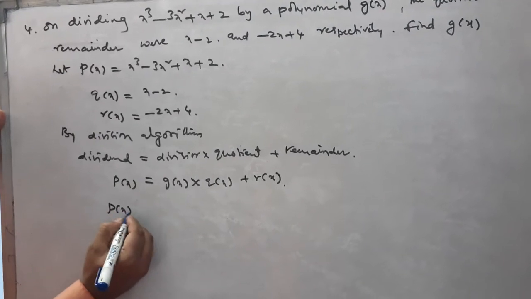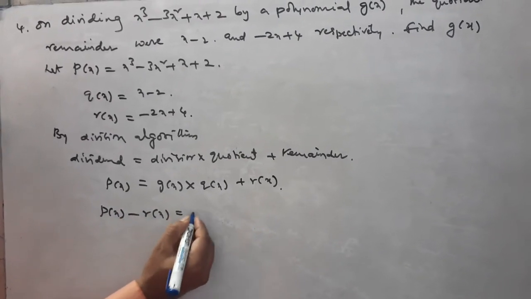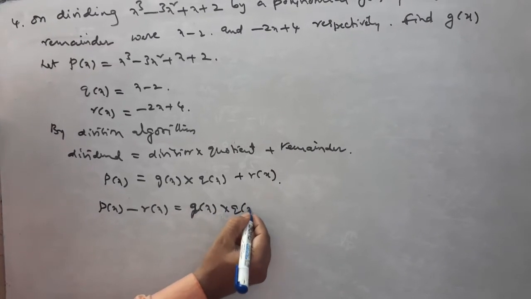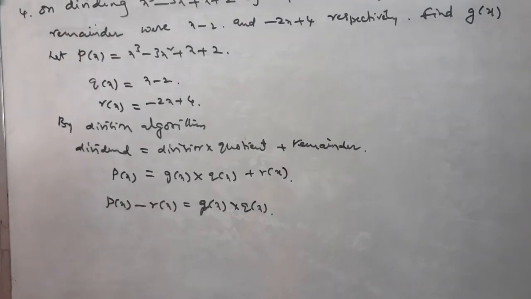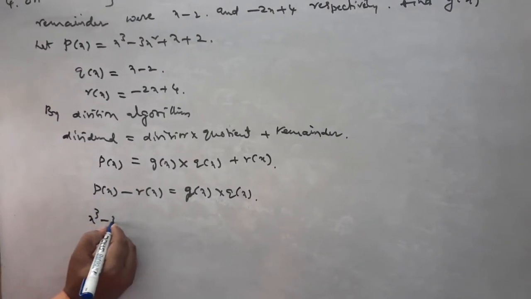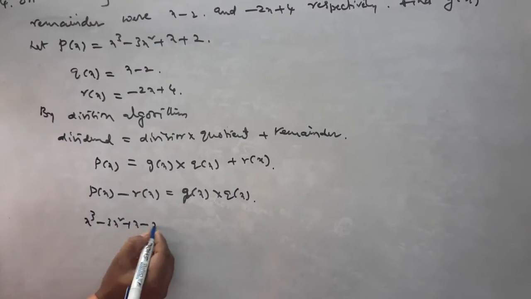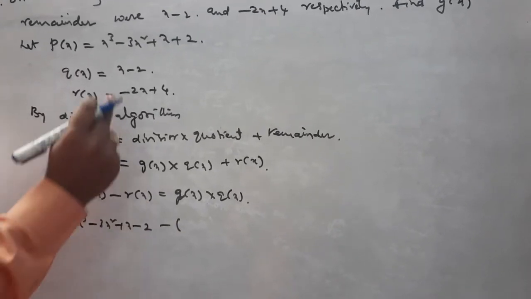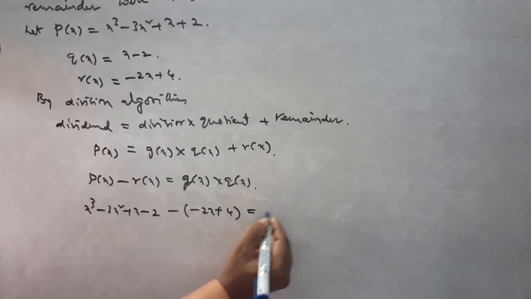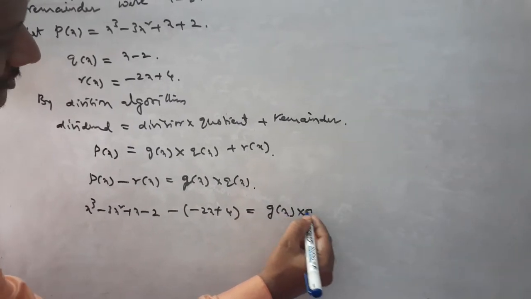So p of x minus r of x is equal to g of x into q of x. So p of x means x cube minus 3x square plus x plus 2, minus r of x, that is minus 2x plus 4, is equal to g of x into q of x.